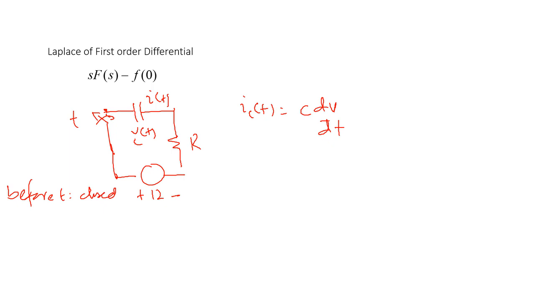So for t less than 0, no current. So we have an initial condition of I of t for t less than 0 equal to 0.